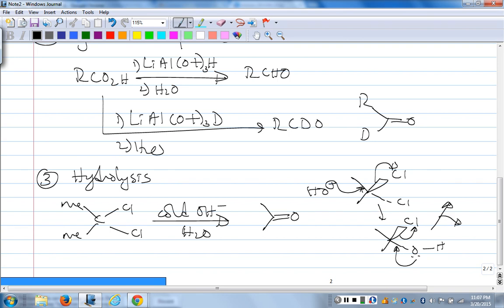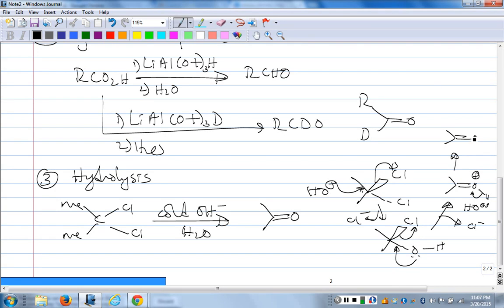You kick out chloride in both of these, and you end up with the conjugate acid of the carbonyl. Then the second hydroxide comes in, pulls off the proton, and you get your corresponding carbonyl compound. So you don't actually make the gem diol, but it's a useful way of looking at it from that perspective.